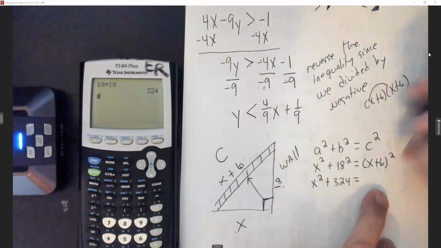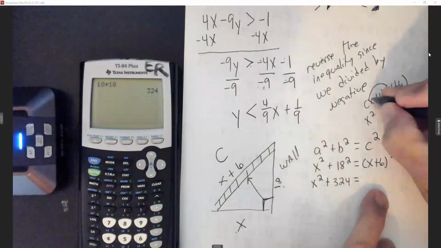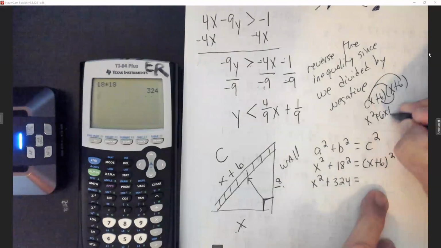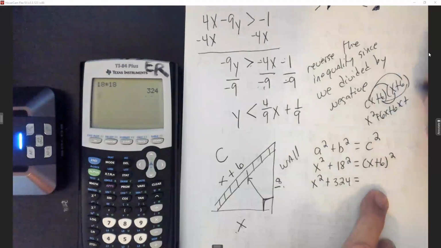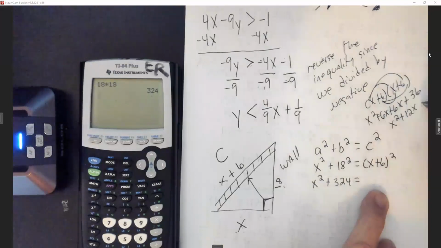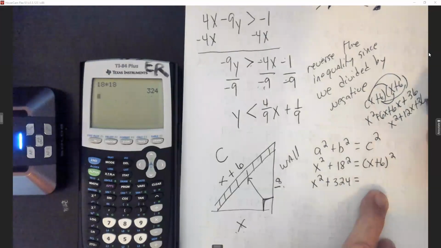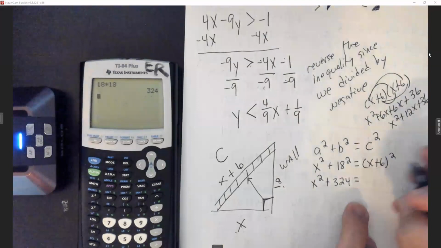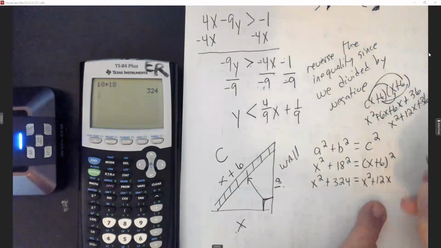So you get an x squared plus 6x, and then you get another 6x, and then 6 times 6 is 36. So that, add like terms, is an x squared plus 12x plus 36. I'll now replace this with that: x squared plus 12x plus 36.